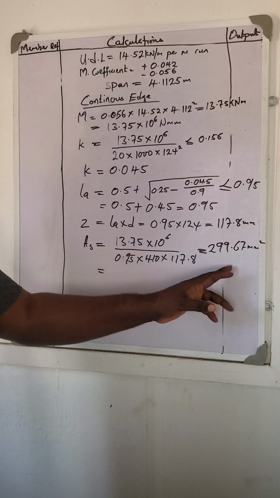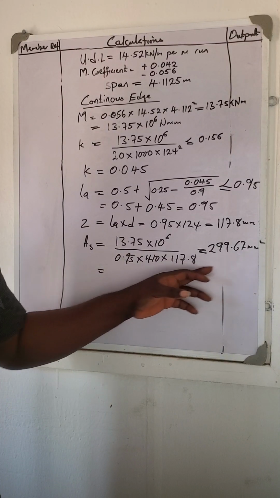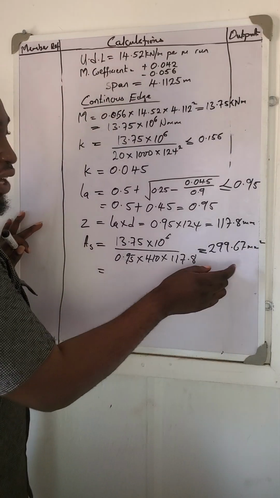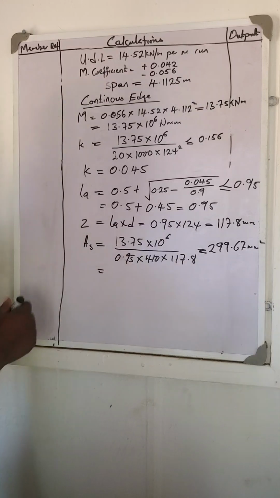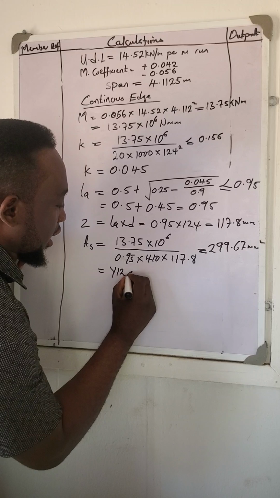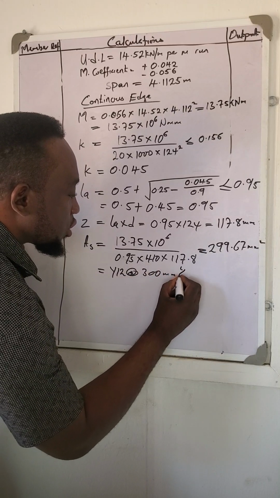Now if you go to the area of steel table in the code, the nearest area to be provided is supposed to be Y12 at 300 millimeter center to center.